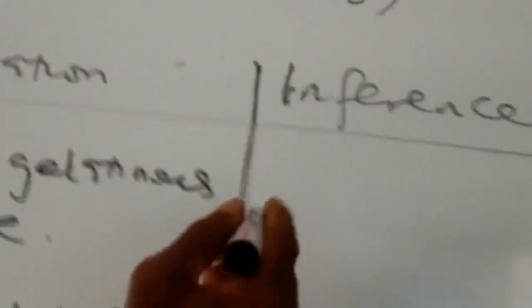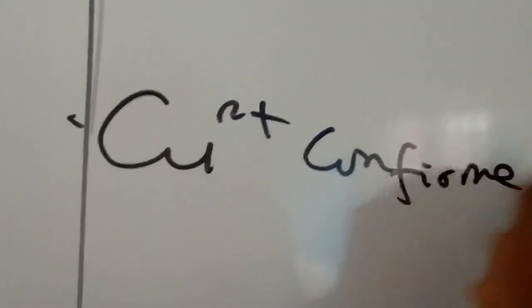So what kind of ion will give us this? The cation that is there is copper 2 ion. Then after the S, we write copper 2 ion confirmed. So briefly, take a look at our test as we go to the next experiment.